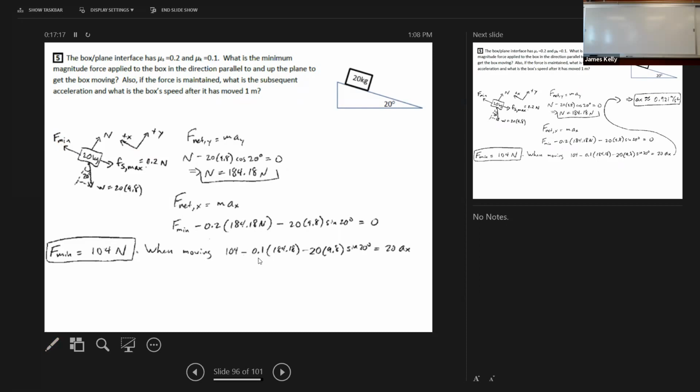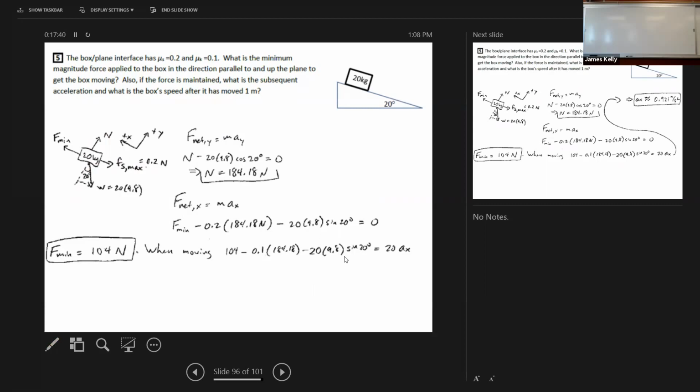Then I have the kinetic friction force, mu kinetic is 0.1 in this problem, times the normal force, and you'd find out if you did F net y equals may. Since we only changed something along the x direction, the y force summing equal to ma doesn't change at all. We've only changed something along the x direction, so it doesn't change the fact that the normal force is the 184.18.